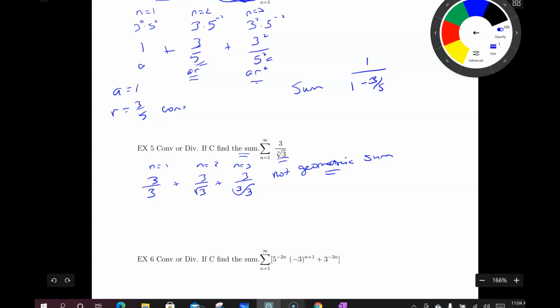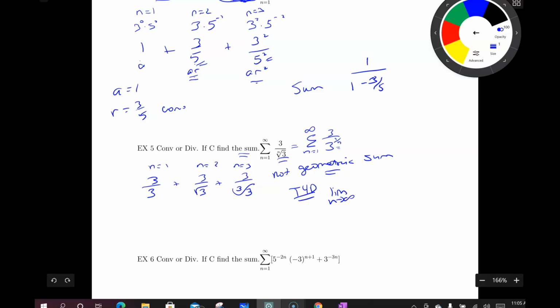Oh, I recognize this. Remember, because we're learning and adding on to what we know, that's not the p-test. This is that nth root. This is the problem that we do the test for divergence on.